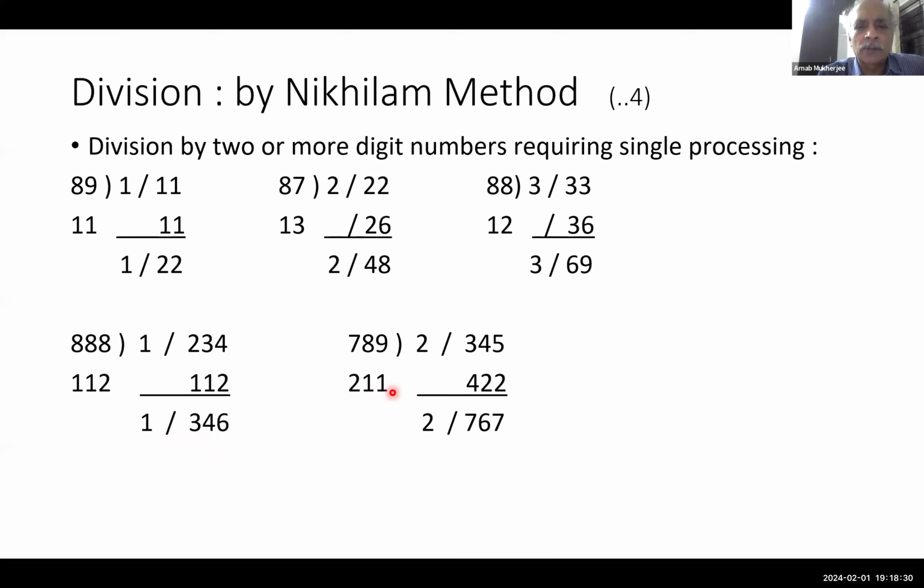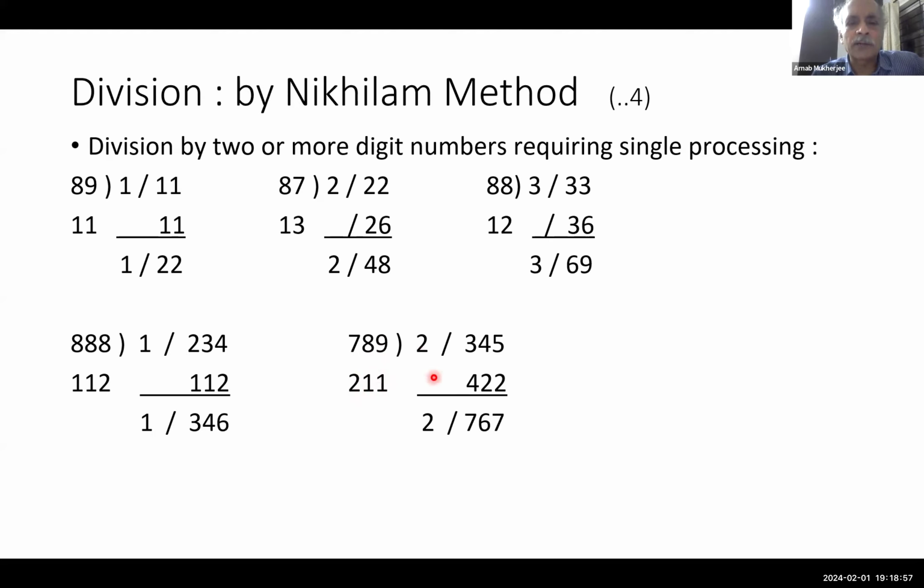789 is 211 short of the nearest 1000, or you can do 10 minus 9 is 1, 9 minus 8 is 1, and 9 minus 7 is 2. Nikhilam Navatashcaramam: all are subtracted from 9, except the last one, which is subtracted from 10.